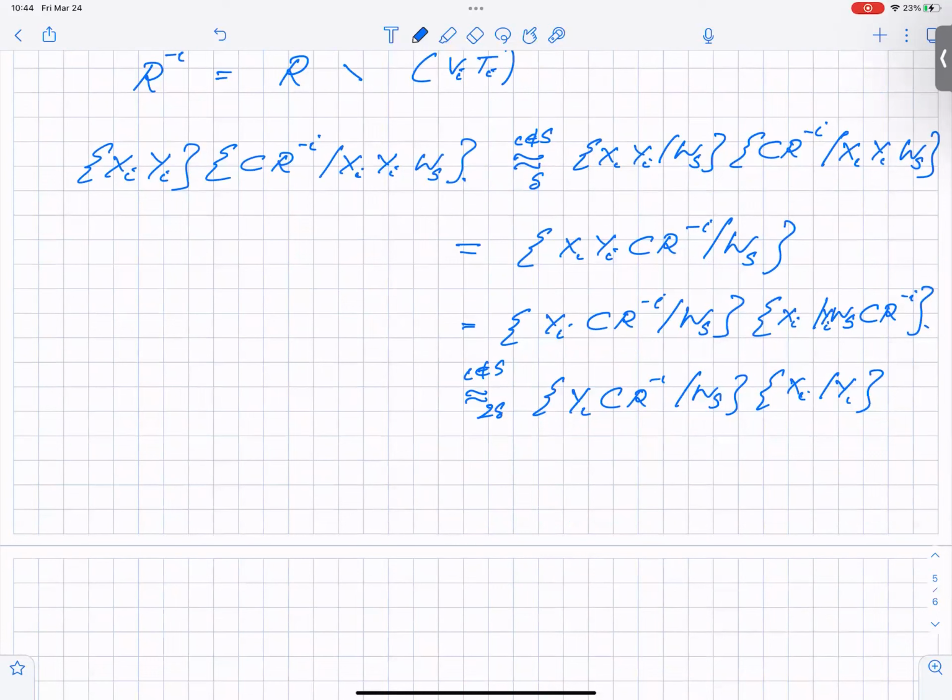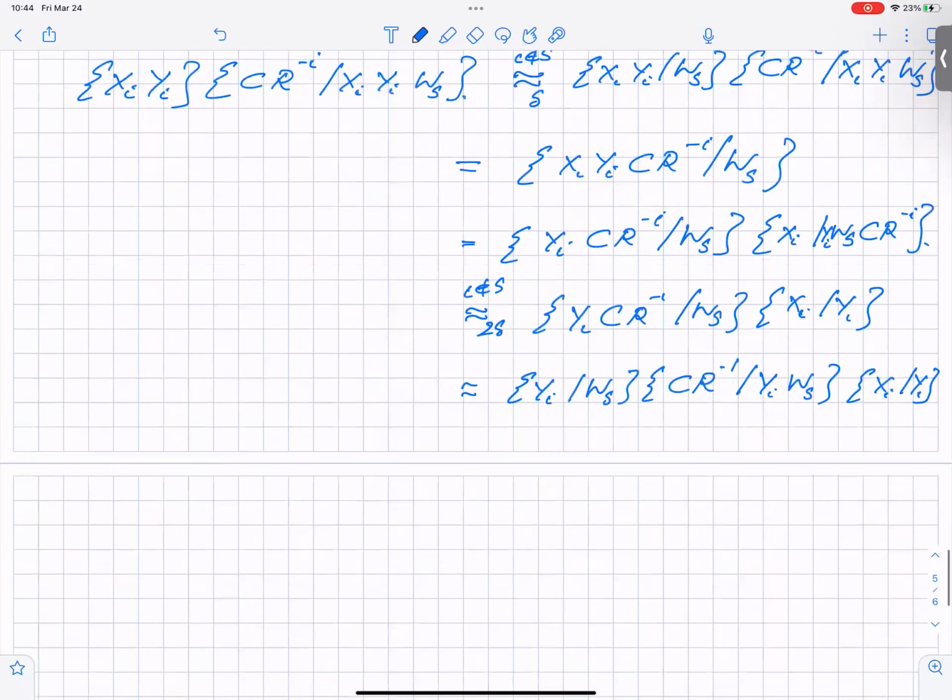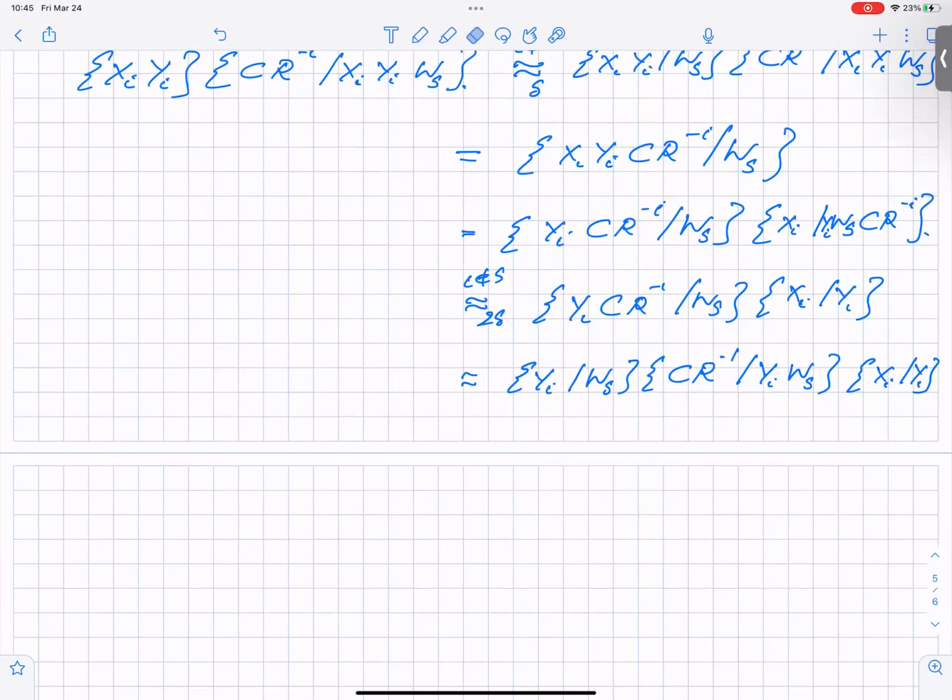So now I will once again write this in a slightly different fashion. This can be described as: I first pick Yi conditioned on Ws, and then C_R given Yi and Ws, and Xi, Yi. So this is actually equality.